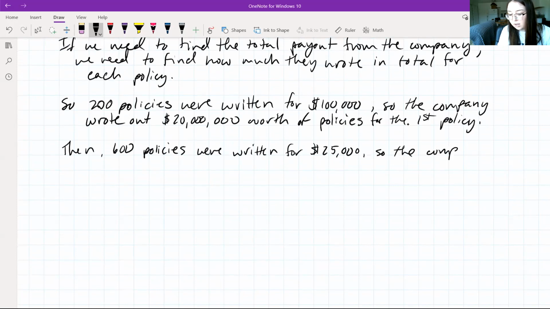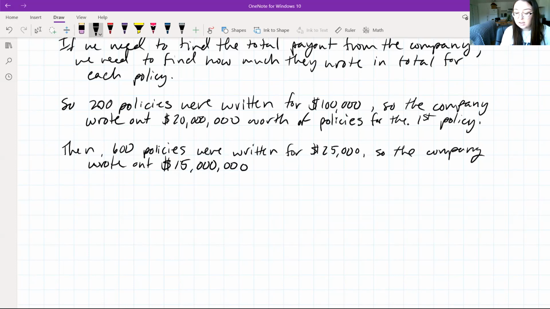So the company wrote out a total of $15 million worth of policies for the second policy.